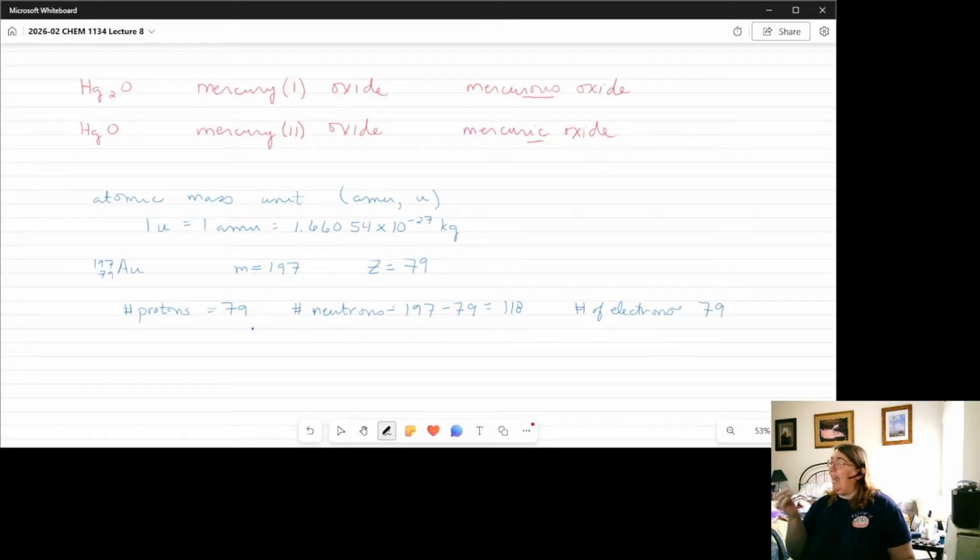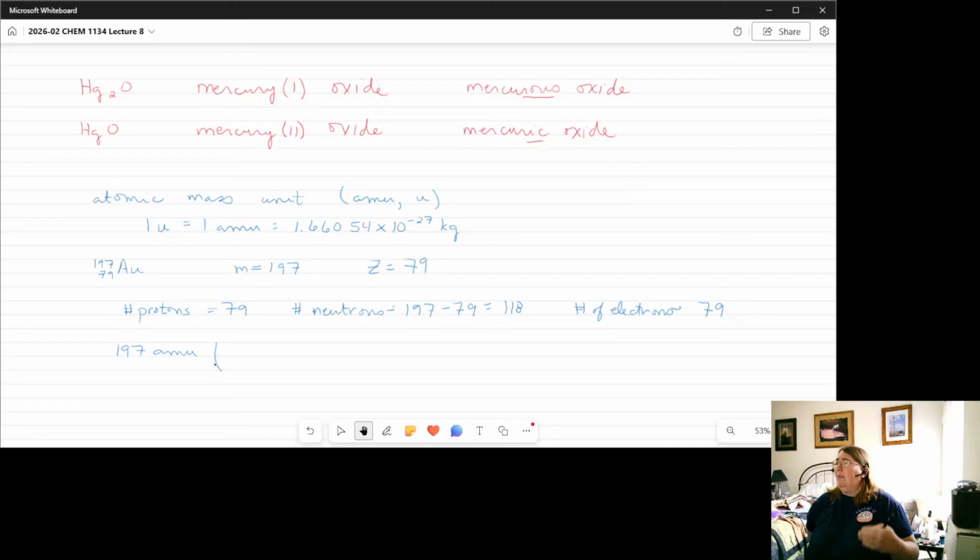But what's the mass? If I have one atom of gold, how much does it weigh? Of this particular isotope of gold? Well, it's 197 AMU. Now, what I'm about to show you, this is the way I work this, and I work it this way because it allows me to check units.